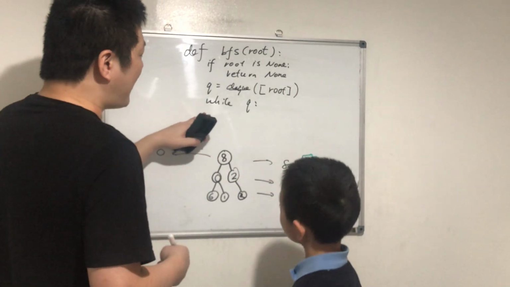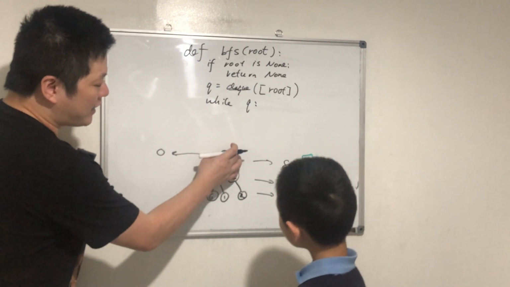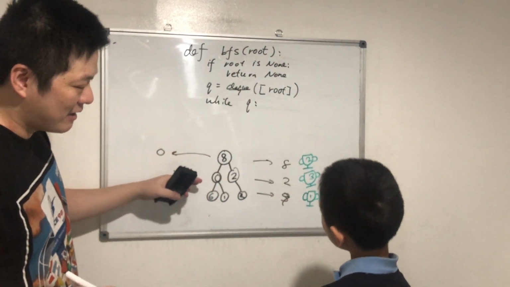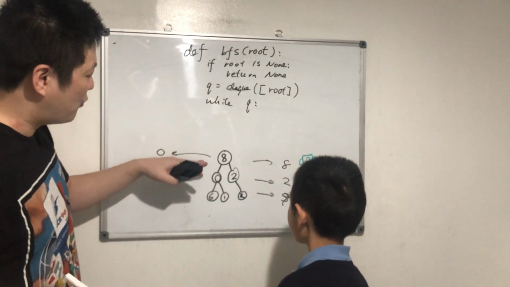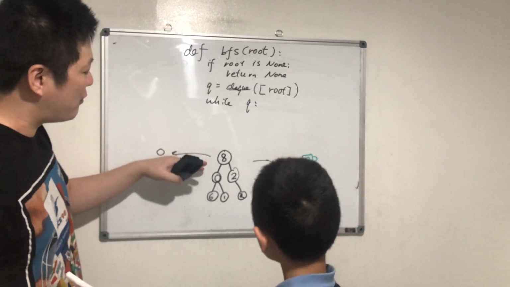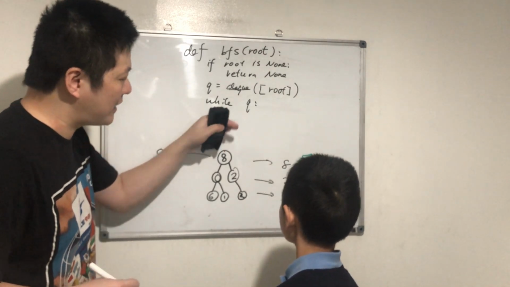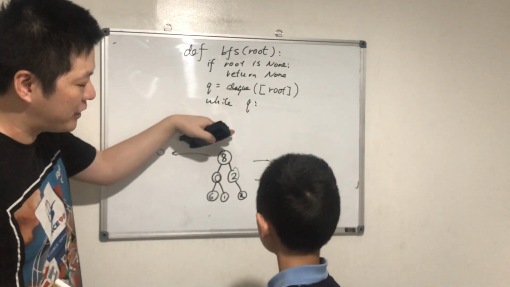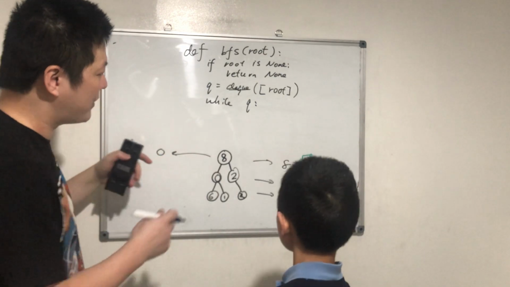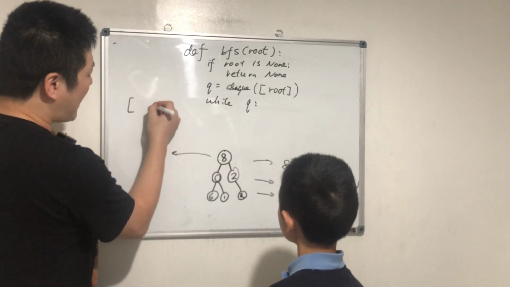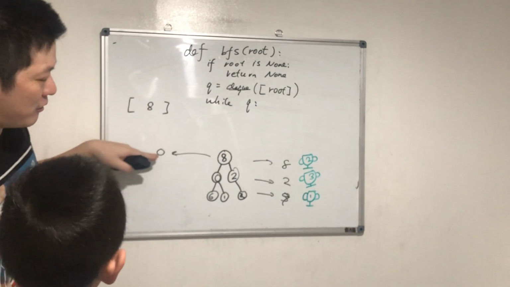While q, then normally we dequeue one element one by one, right? But now, every time we want to dequeue, all the elements in the queue are at the same level. For example, the first one is A, which belongs to level 0.